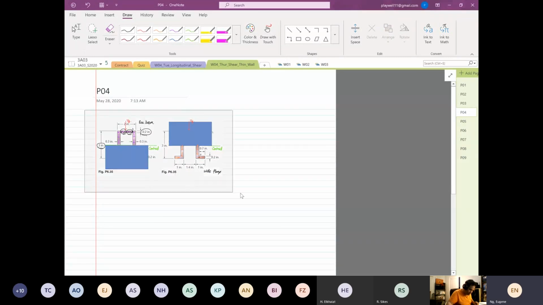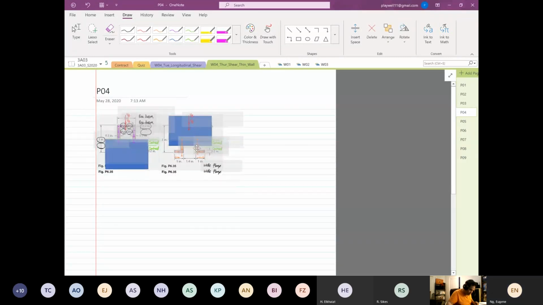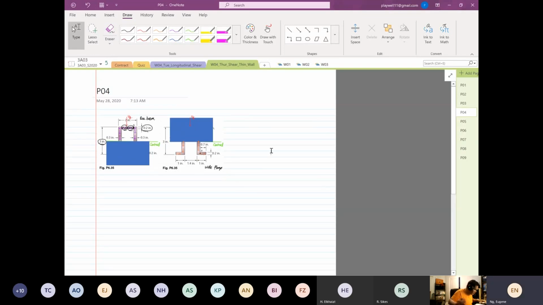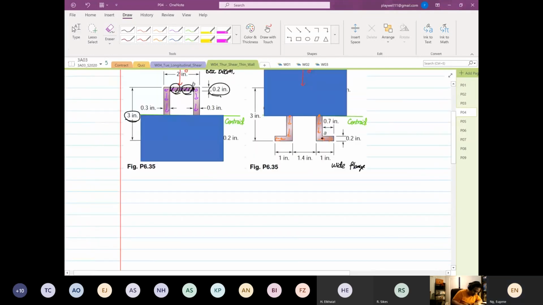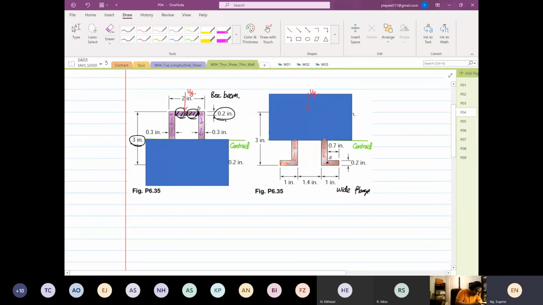Tau max is going to be at point C. The tau max is going to be at the centroid, point C. Okay. So we're going to find tau max.